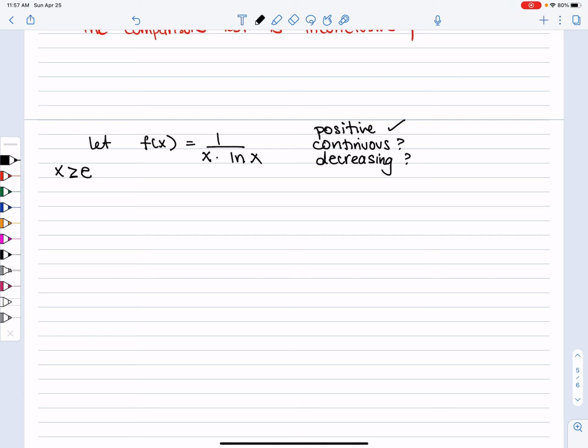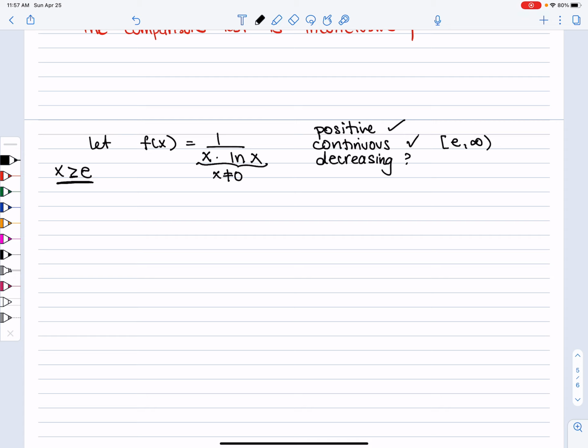Is it continuous? The answer is yes. The denominator cannot be 0, but that means x cannot be equal to 0. X is not in the domain that is from e to infinity. So we can say that the function is continuous on that closed interval e to infinity.